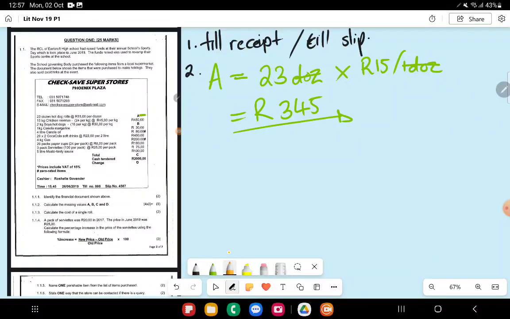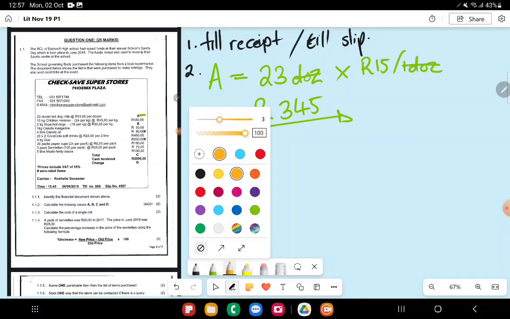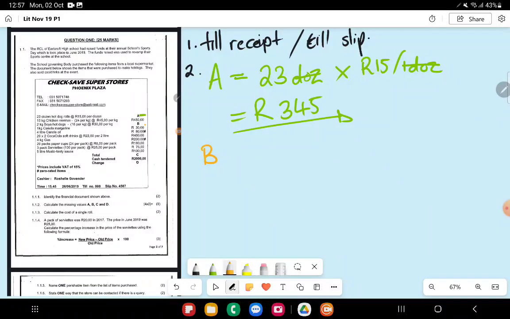Let's calculate B. B is this amount here. B is 2 kilograms of hot dogs, 18 per kilogram, at 30 Rand per kilogram. So there are 18 hot dogs inside 1 kilogram, and we bought 2 kilograms.